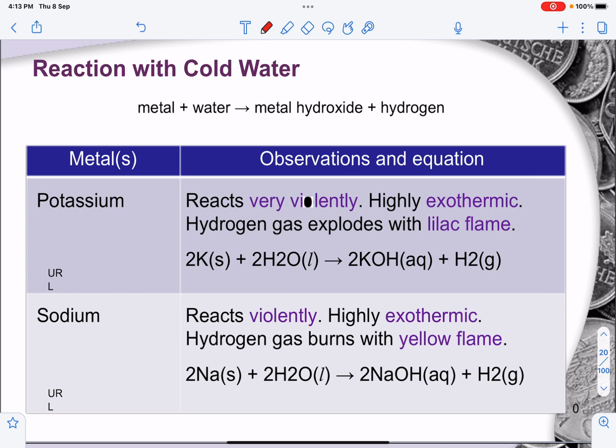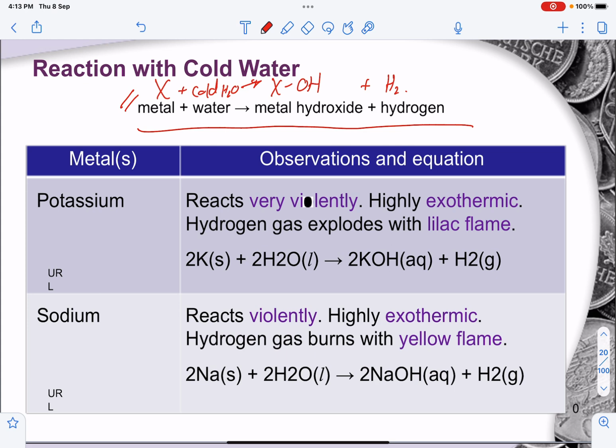So when we look at reaction with cold water, this is important, where you need to know the word equation, where metals when reacting with cold water tend to form metal hydroxide. Metal hydroxide is basically, let's say X is the metal, so with cold water it will form a metal hydroxide, something with OH, plus hydrogen gas.